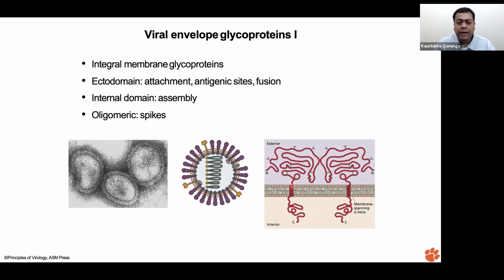Then you have a membrane spanning domain, which is mainly alpha helices. And then you have the ectodomain, and you can see that all these different structures are stabilized with the disulfide bonds. So the greens are the disulfide bonds, whereas these purple Y-shaped structures are the carbohydrates. So these are mostly the glycoproteins.